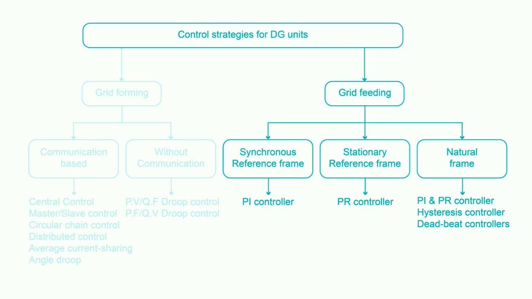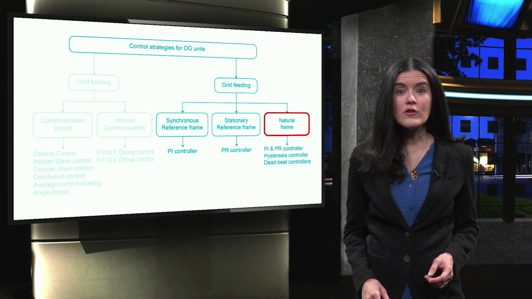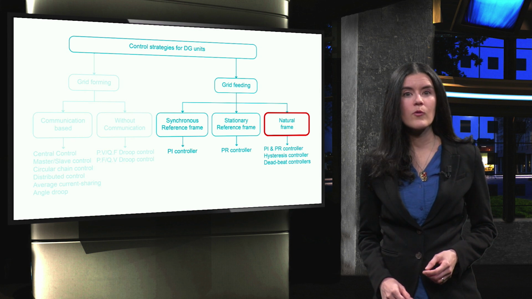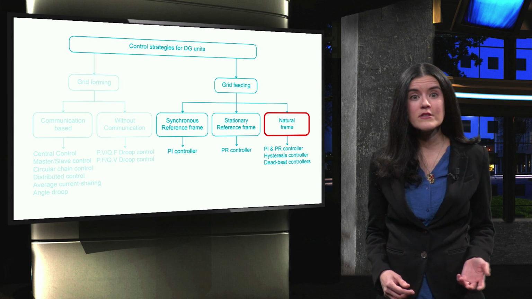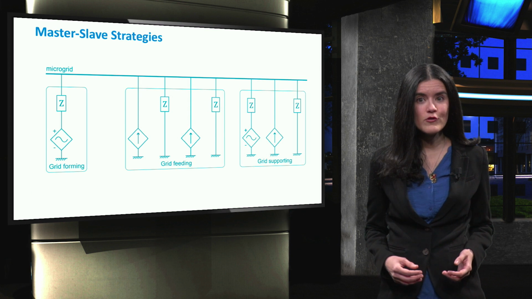The DQ rotating or synchronous reference frame is used when proportional integral controllers, also known as PI, are implemented. Stationary reference frame alpha beta is used to implement proportional resonant or PR controllers. Finally, natural reference frame ABC for three-phase systems can be used for a wide range of controllers like hysteresis and deadbeat controllers.